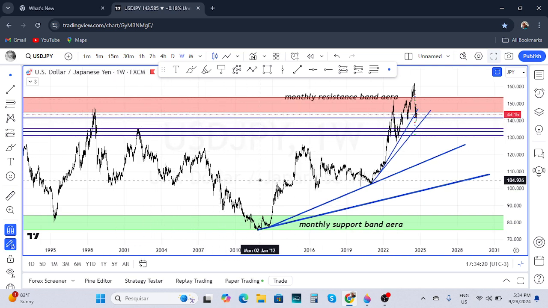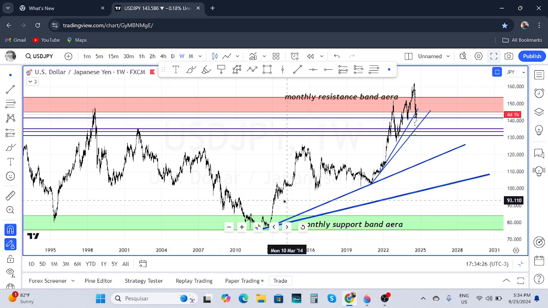That is really going to help. Once you get to the monthly band areas, whether support or resistance on whatever currency pair, reverse your position immediately. Long term, you want to trade in the direction of the monthly bands.